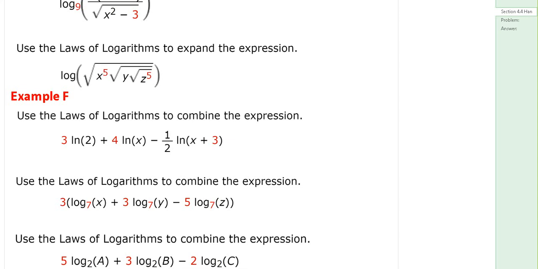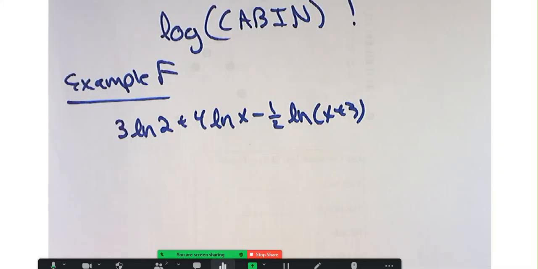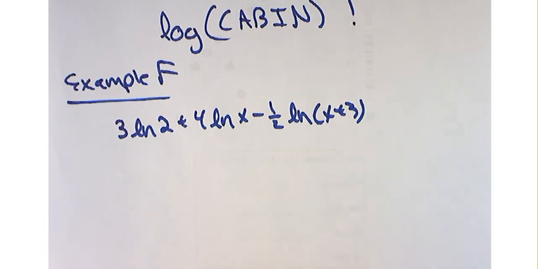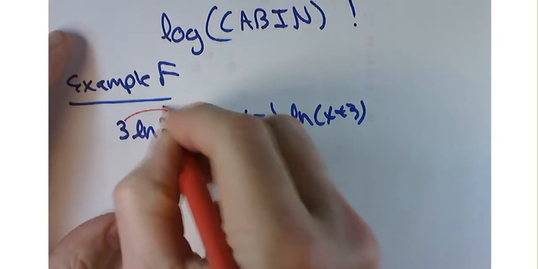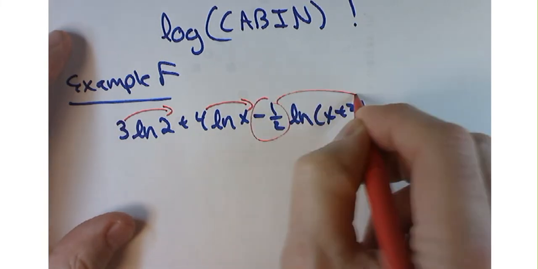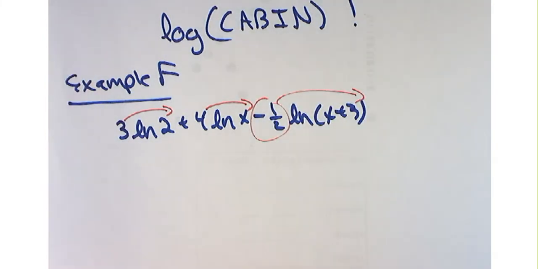Now, I've got a unique style of solving this. It might not match some of my colleagues, but I think it's the fastest way that you can do these things. My goal is to write this with one logarithmic term. And what I'm going to do is start by bringing these terms up into the exponent.